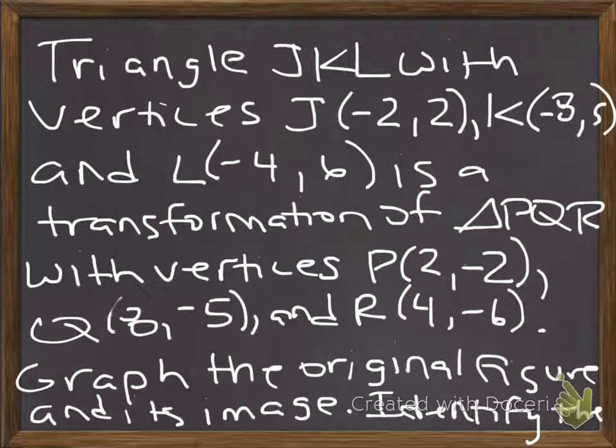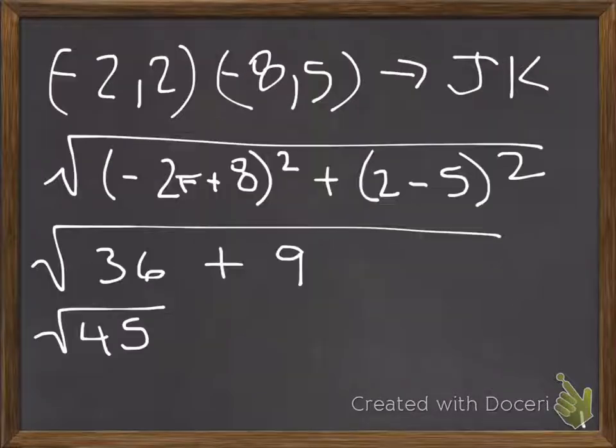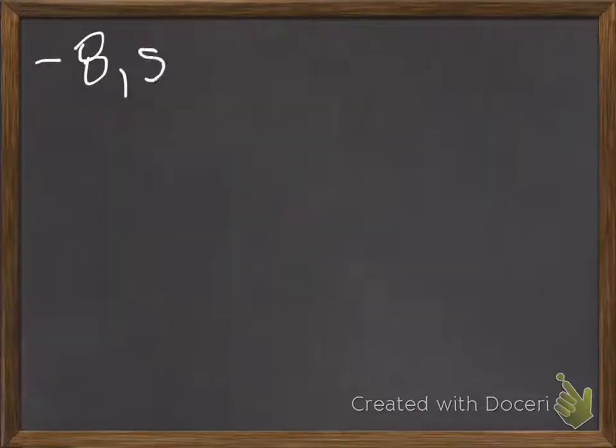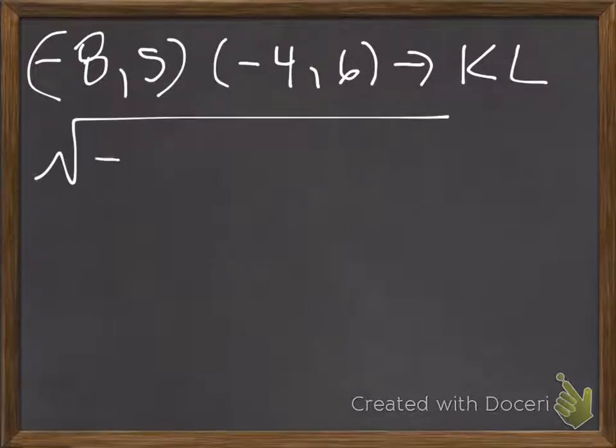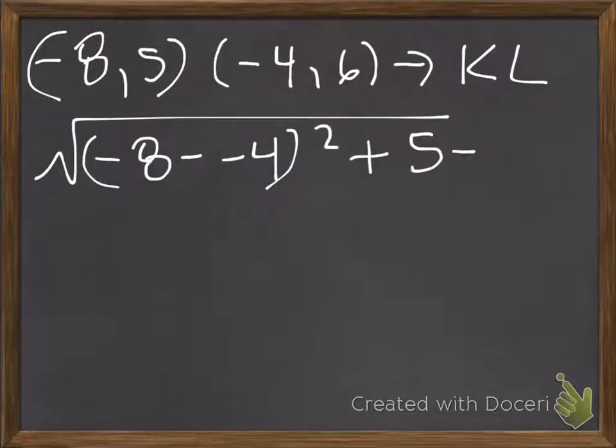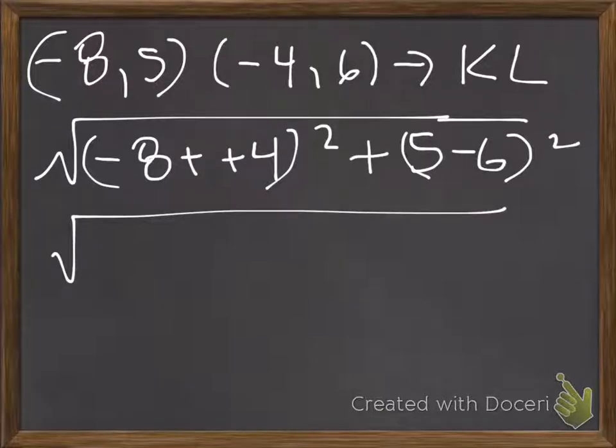Then the next segment, KL, negative 8, 5 and negative 4, 6. That's going to give us negative 8 minus negative 4, square that, 5 minus 6, square that. So that gives us negative 8 plus 4 is negative 4. Negative 4 squared is 16. 5 minus 6 is negative 1. Negative 1 squared is 1.